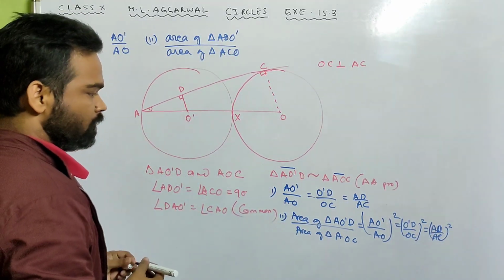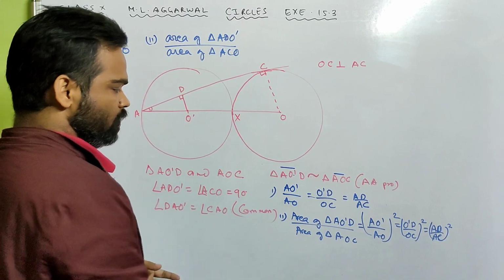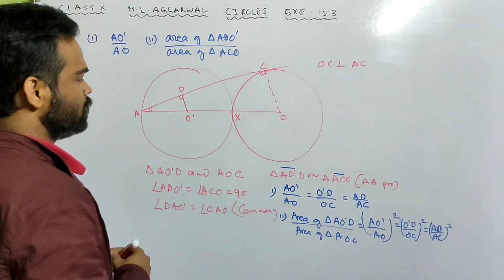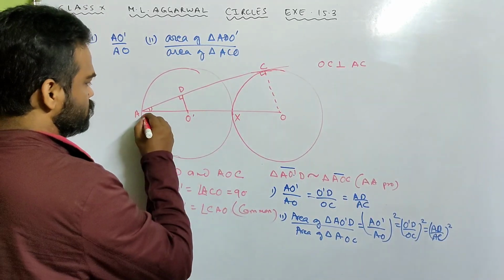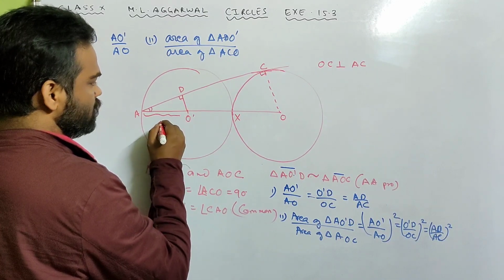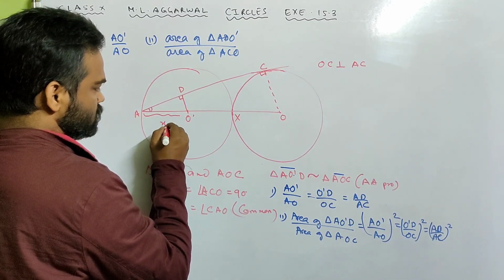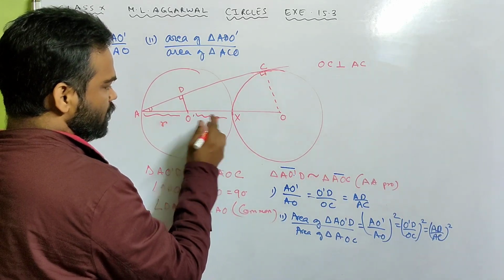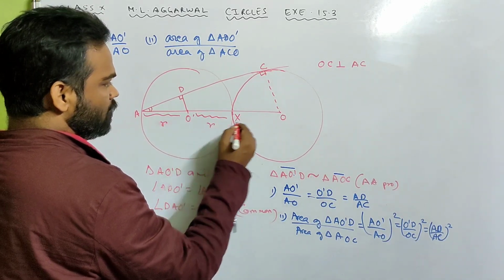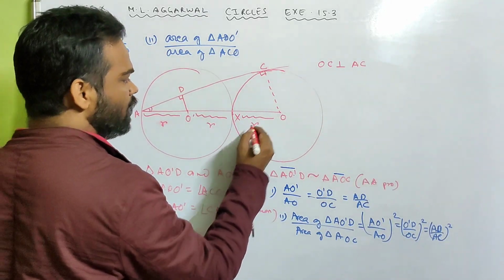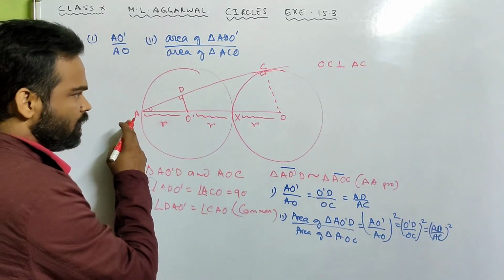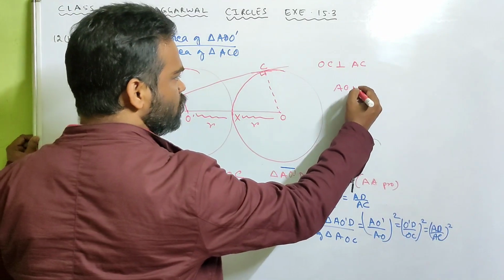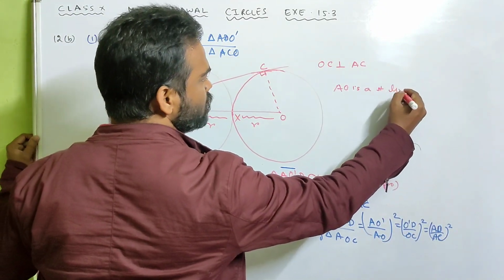Now look, the first portion they told us to find AO dash by AO. Now look, these two are equal circles. So if AO dash is, suppose X no, I'll take R. O dash X will be R and XO will be R. And AO is a straight line. Why?